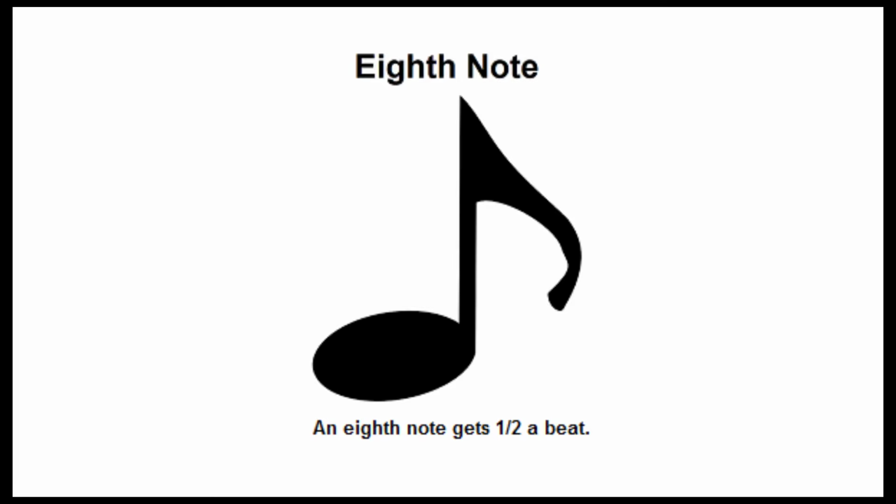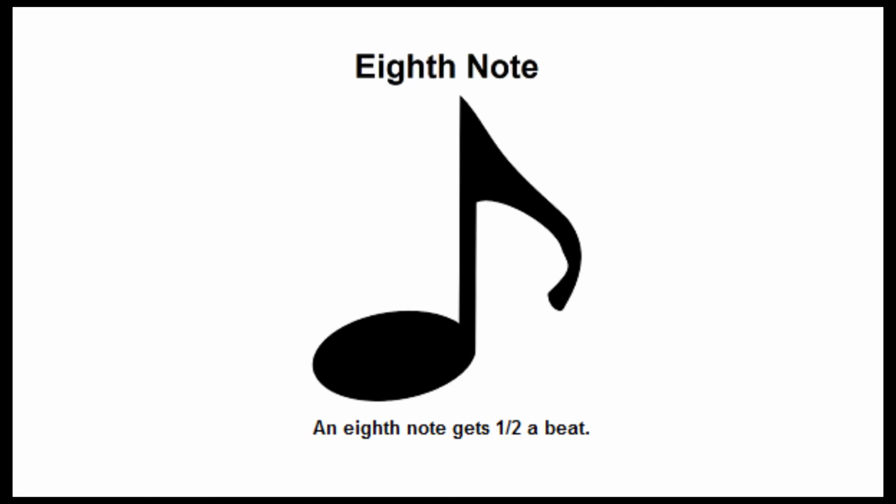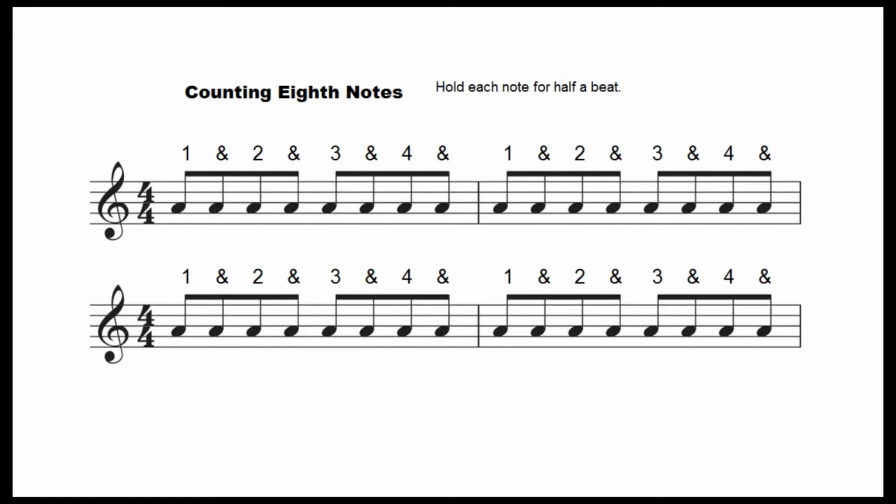The 8th note, British name, quaver. An 8th note or quaver lasts for half a beat. It is played for 1/8 the duration of a whole note. It is half the duration of a quarter note, 1/4 the duration of a half note, and 1/8 the duration of a whole note.